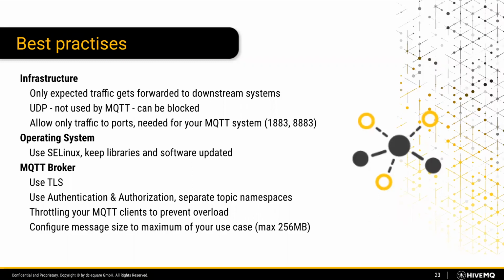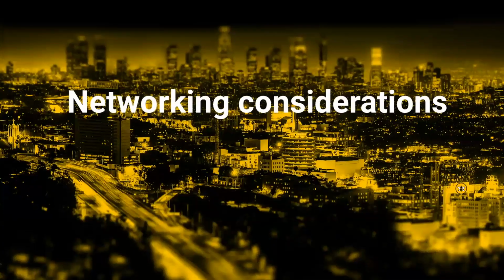Okay, so now that we looked at what are the IoT security best practices, which is part of the production readiness, I want to take a look at networking. So talking back to my initial graphic, of course, it looked very basic, right?